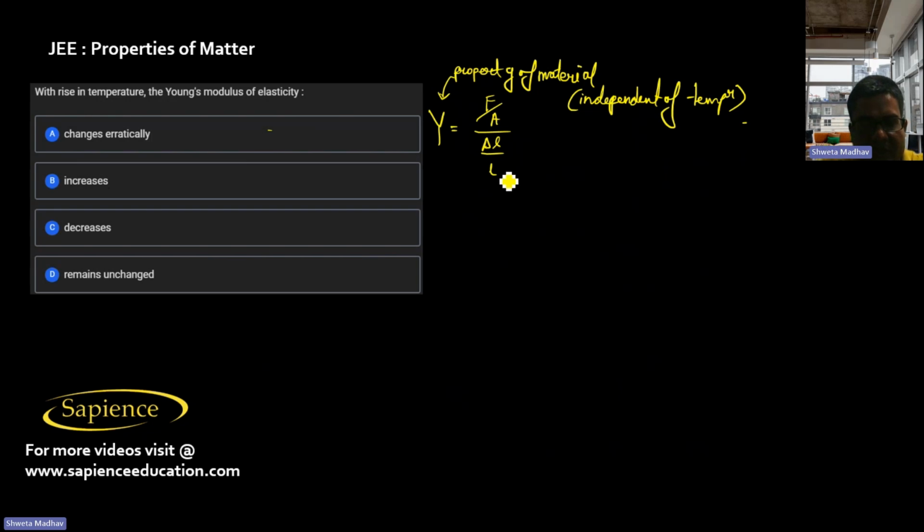Hence, with the rise in temperature, I can say the Young's modulus will remain unchanged. So option D is the correct answer.